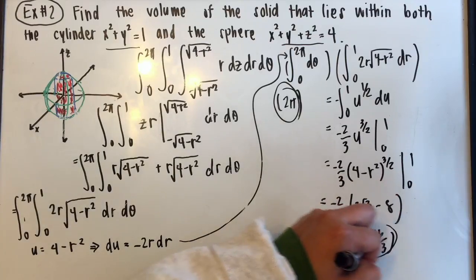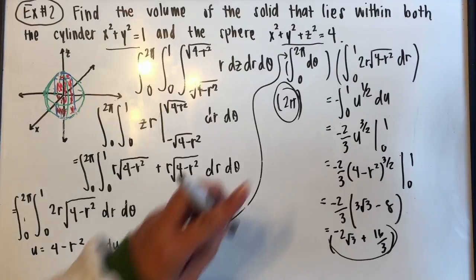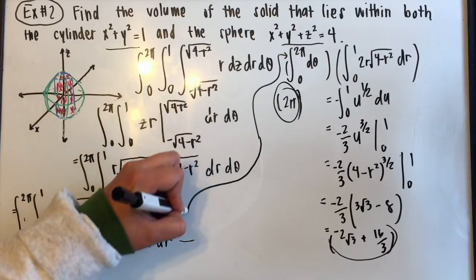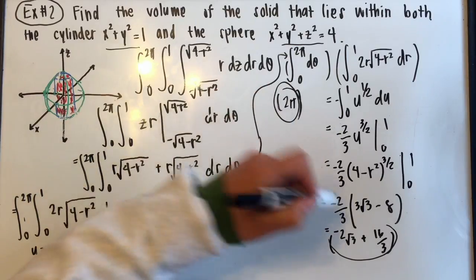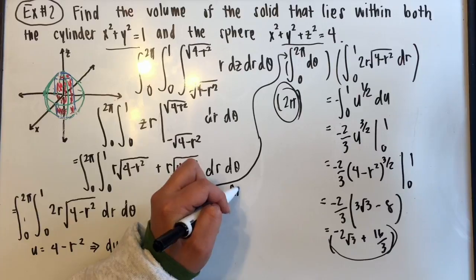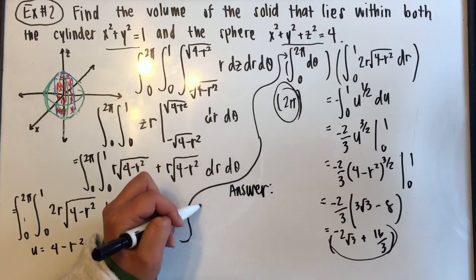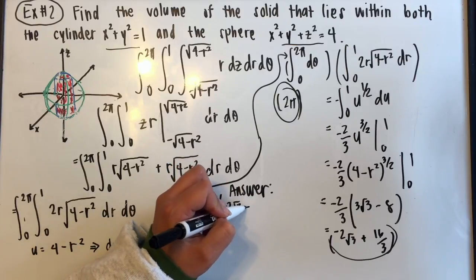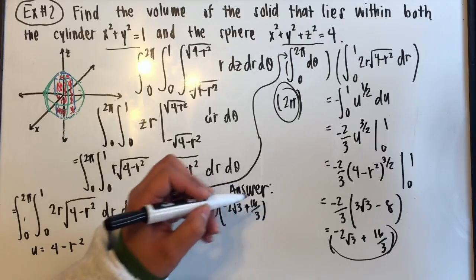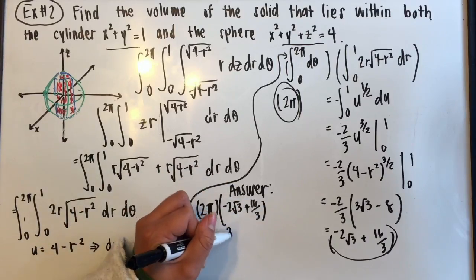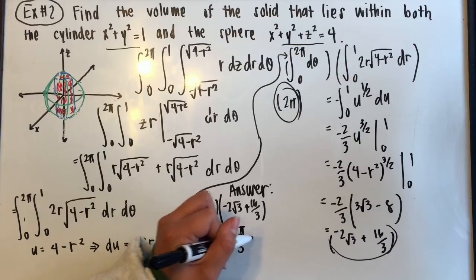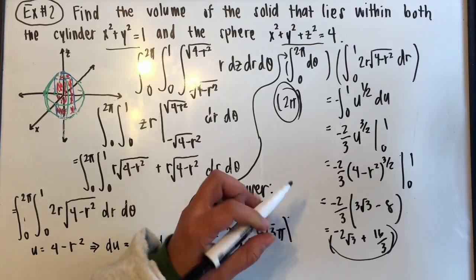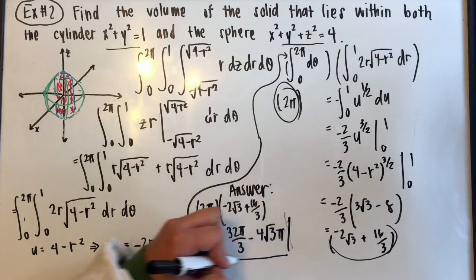So when we multiply our two answers, pi times -2 rad 3 plus 16 over 3, we get 32 pi over 3 minus 4 rad 3 pi. And that's our answer.